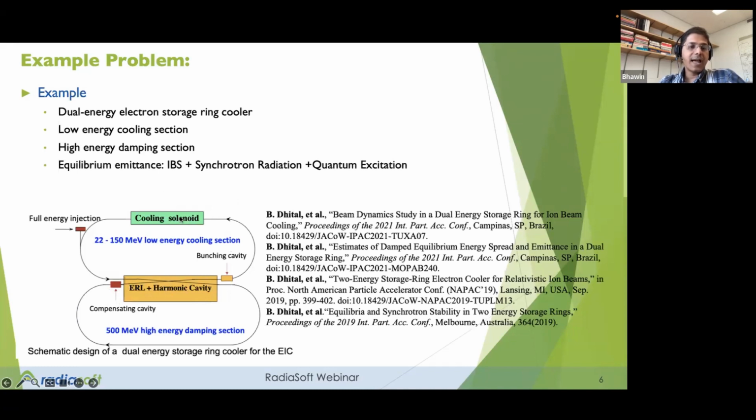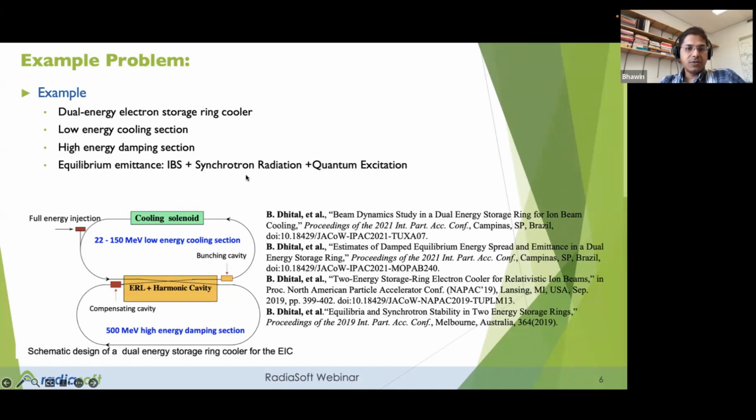So the cooling interaction happens in this cooling solenoid. This is an example of magnetized cooling. We use a solenoid magnet with a certain magnetic field, and that enhances the cooling interaction between the electron beam and the proton beam. For the electron beam, equilibrium emittance is achieved under the combined effect of intra-beam scattering, synchrotron radiation, and quantum excitation.